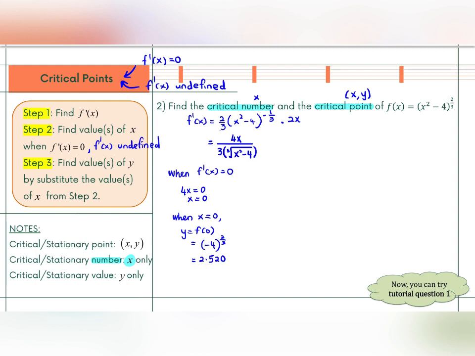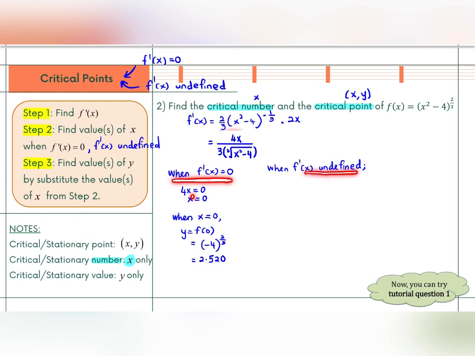Okay, so next kita kena check pula bila f prime x is undefined. F prime x undefined apabila denominator equals to 0. So, nampak tak? Bila ada fraction seperti ini, when we have f prime x as a rational function like this, f prime x akan jadi 0 apabila atas ini sama dengan kosong.